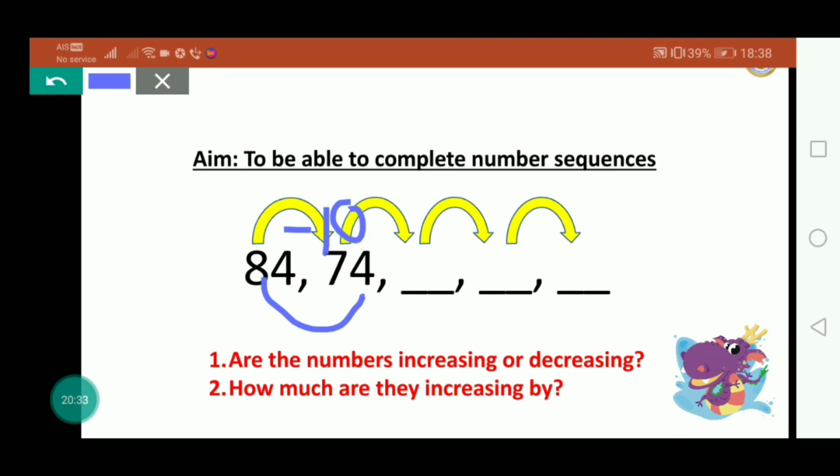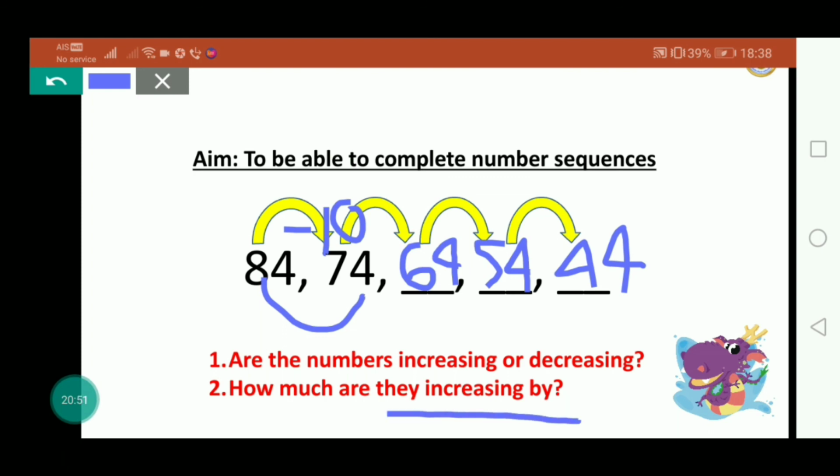So it was minus 10. So 74 minus 10 is equal to 64. 64 minus 10 is equal to 54. 54 minus 10 is equal to 44. Because they decrease, this number pattern is decreasing.